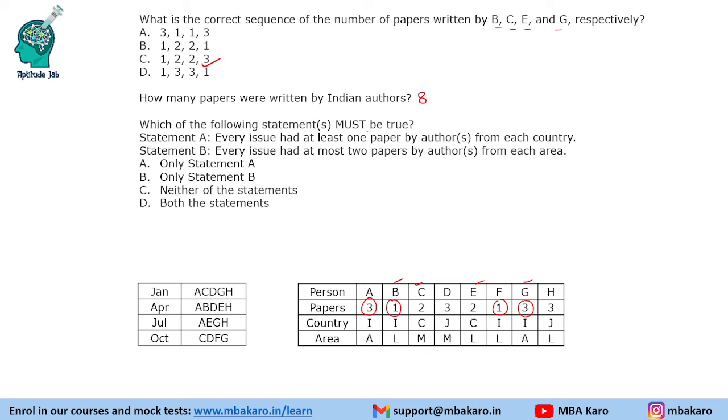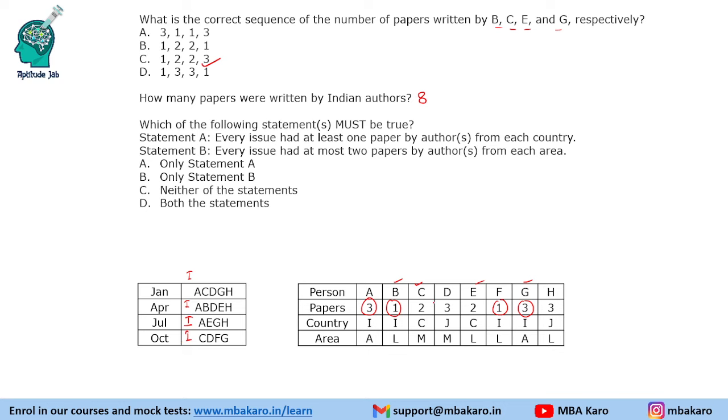Which of the following statements must be true? Every issue had at least one paper by authors from each country. Okay, so let us see if we have papers from each country. A is from India, so India is present in all the first three. And in the fourth one we have B also from India, then F and G from India. So India is present in all these.